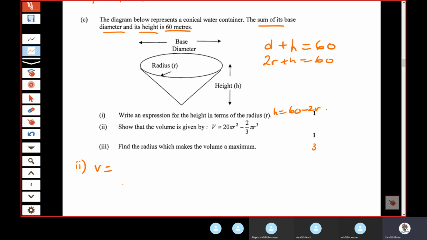Yeah, that's the volume of a sphere, 4 on 3 pi r cubed. Maybe that's how you can think of it if you know your 4 on 3.